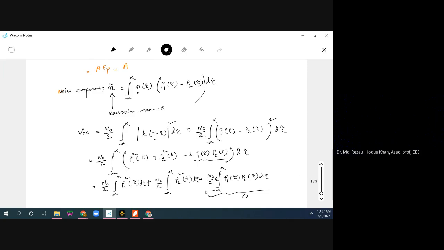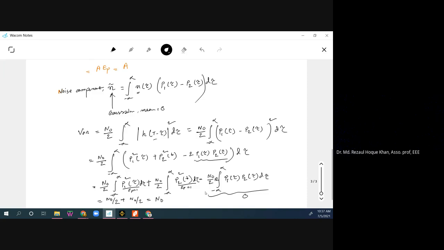The first integral equals Ep equals 1, and the second also equals Ep equals 1. So N0 by 2 plus N0 by 2 equals N0. So the variance is N0.